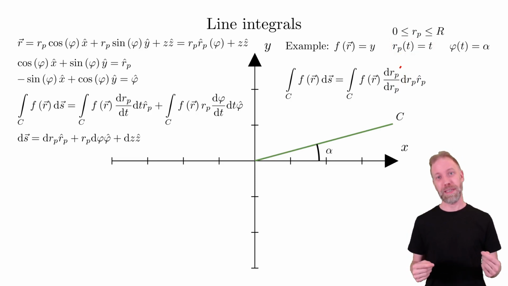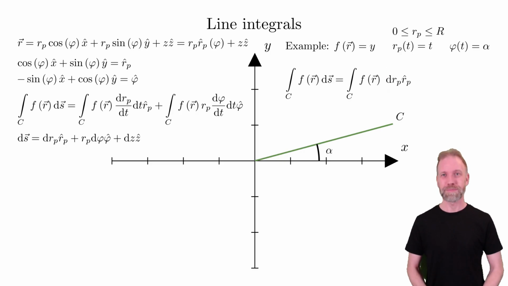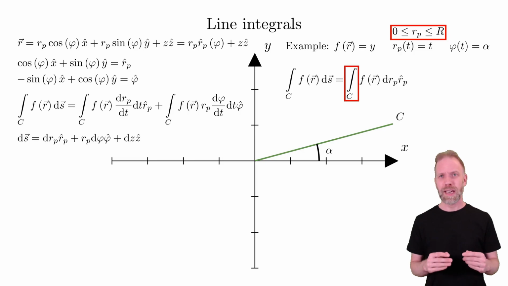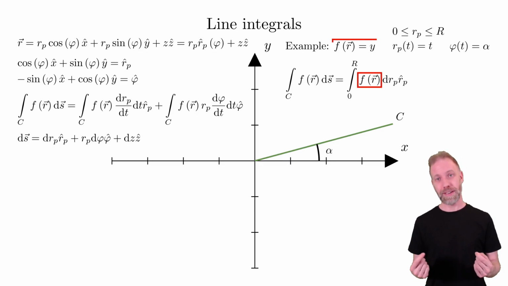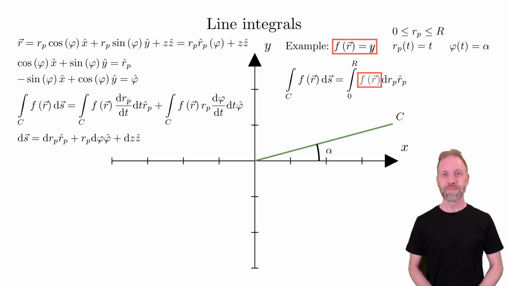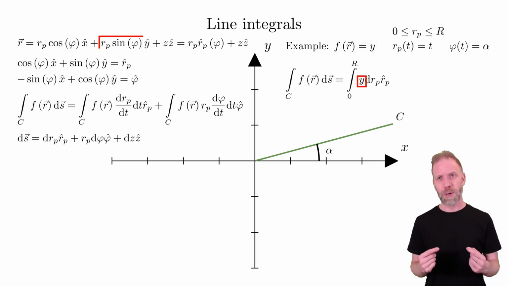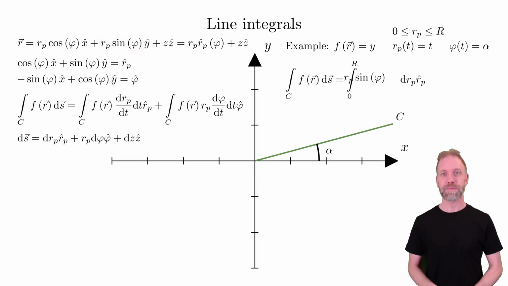The dρ/dt is 1 and can be removed. As we are integrating over ρ and our limits are given in ρ, we can insert them into the integral limits. Insert the function f. As we are integrating in polar coordinates, we need to express y in polar coordinates.